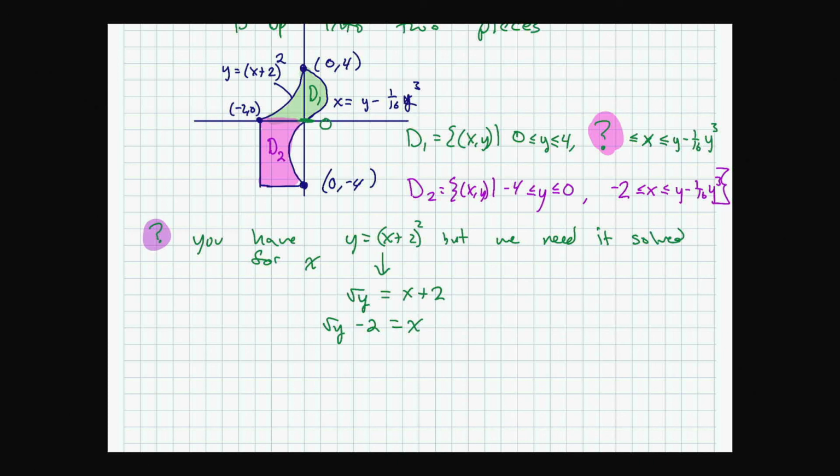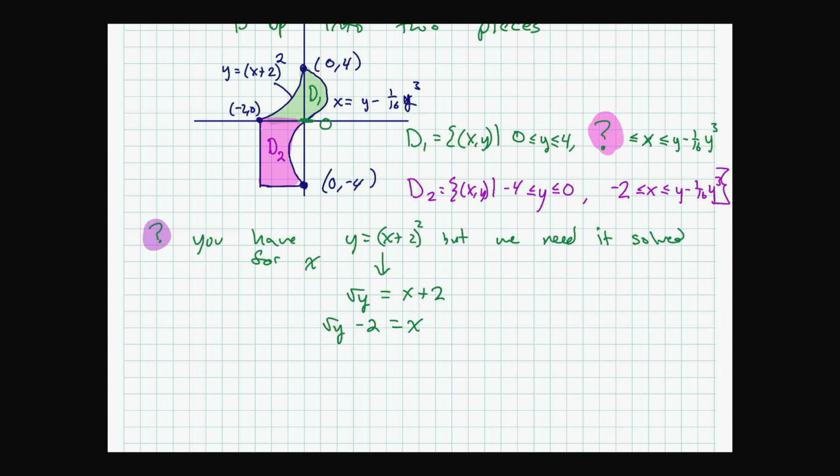Okay, and then just double check that you actually get the right thing, right? Because if you plug in a 4 for y, you're supposed to get a 0. So do you get a 0 if you plug in a 4 for y? Yes, you do. And when you plug in a 0 for y, right, this is -2, 0. So if you plug a 0 in here for y, you get x equals -2, which you do.